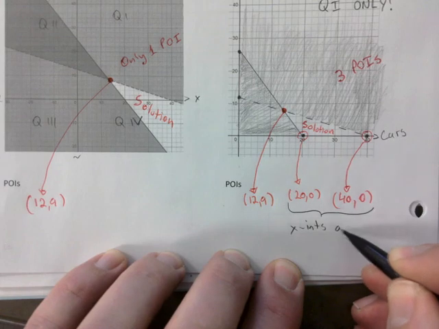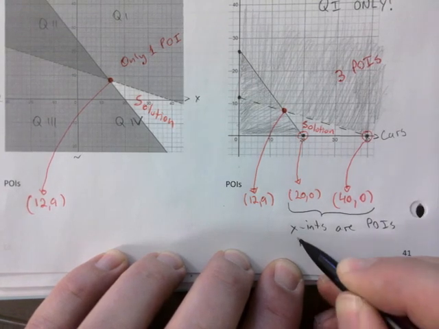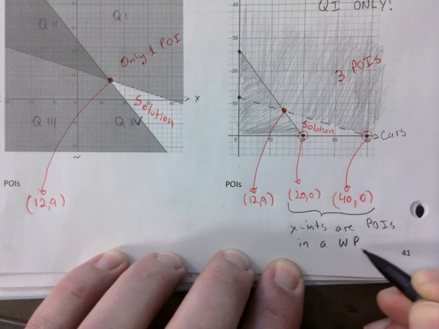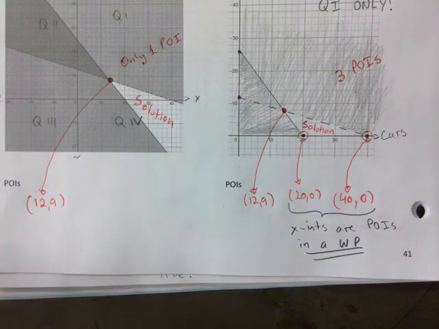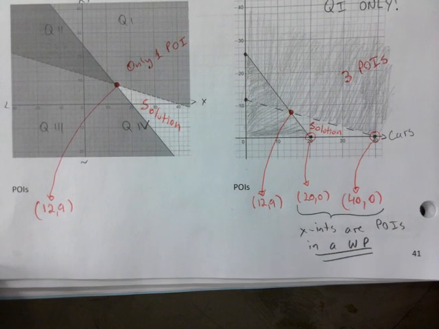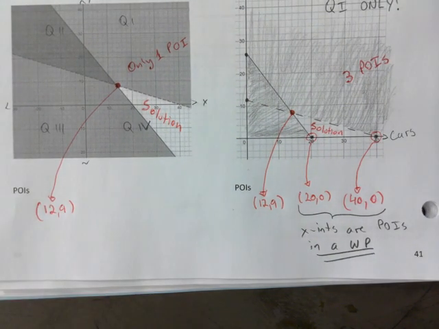X-intercepts are POIs in a word problem. Good? All right.